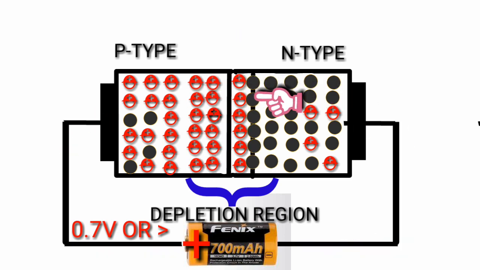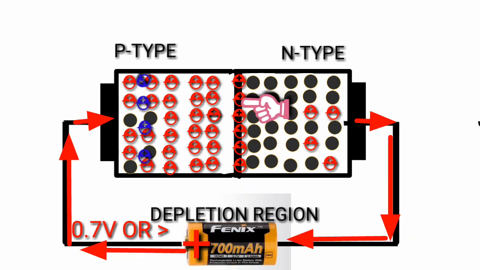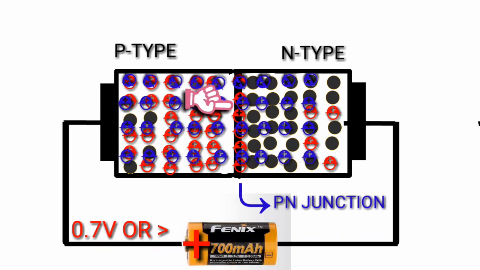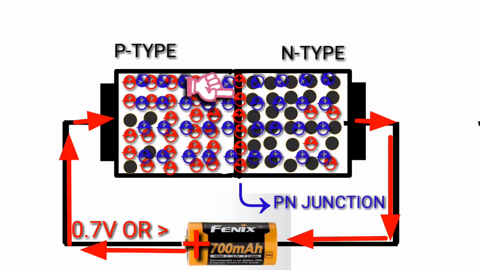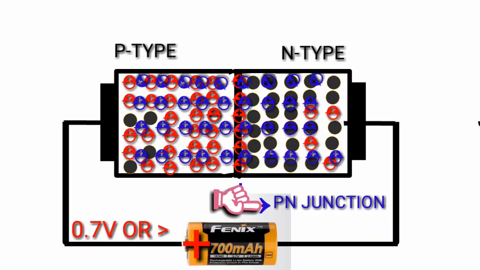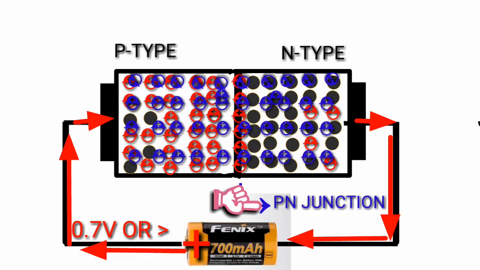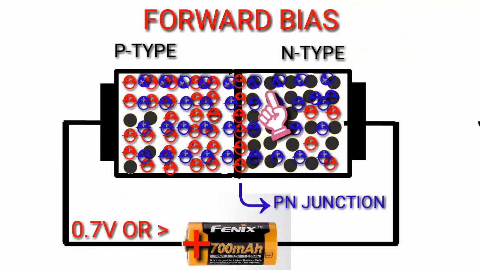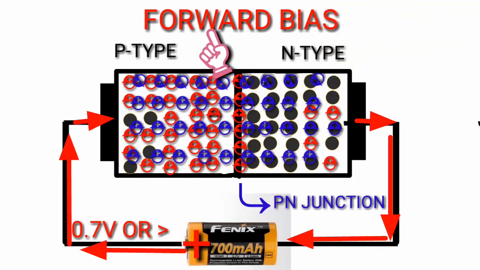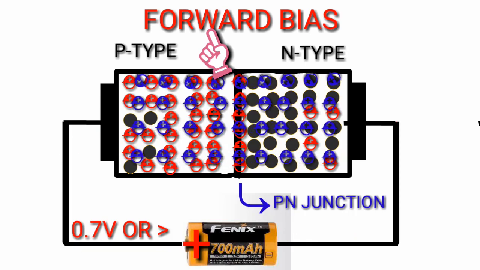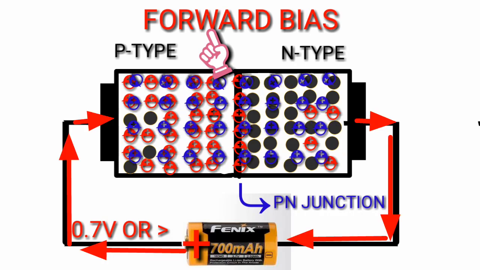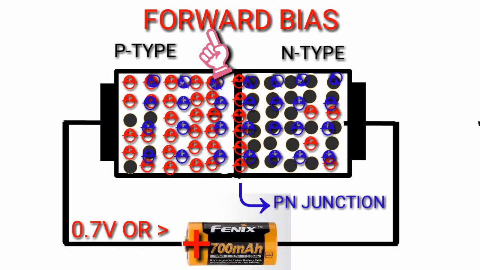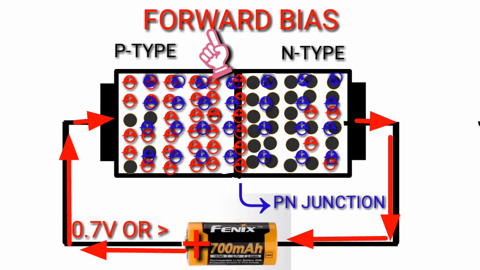Then the depletion region reduces, and the free electrons now cross and move toward the PN junction, and the diode is forward biased. That is how the internal and external of the diode work on the forward voltage.